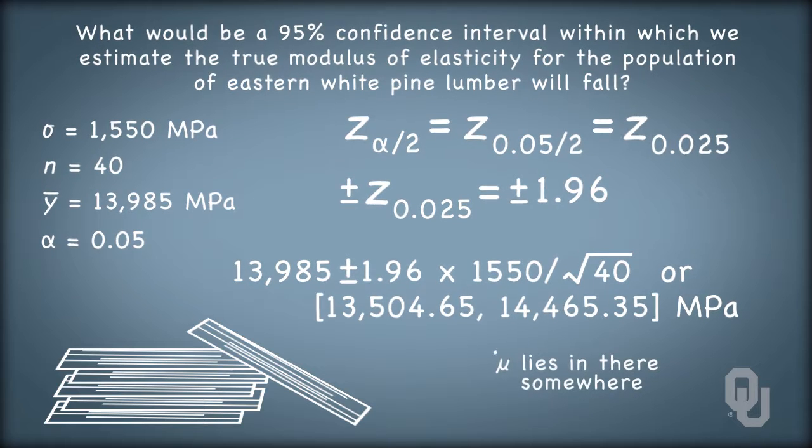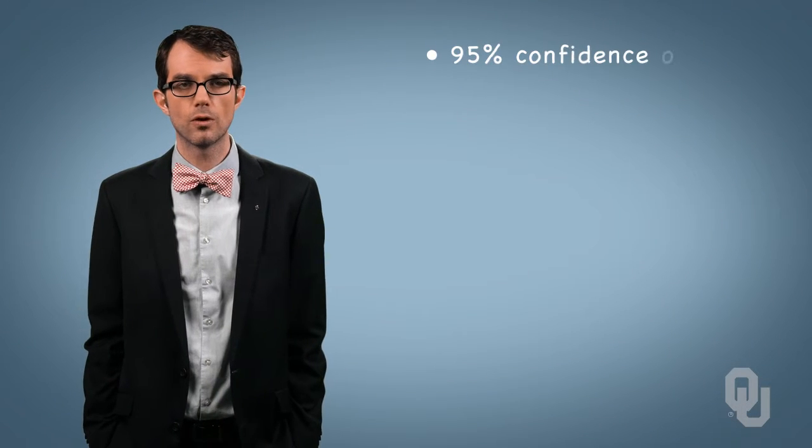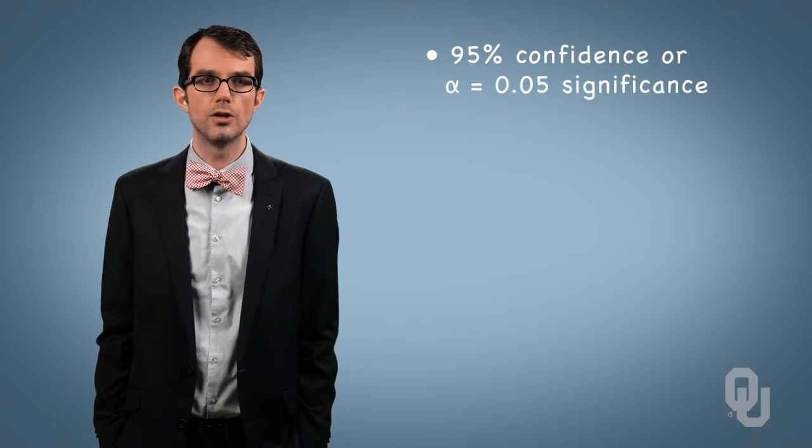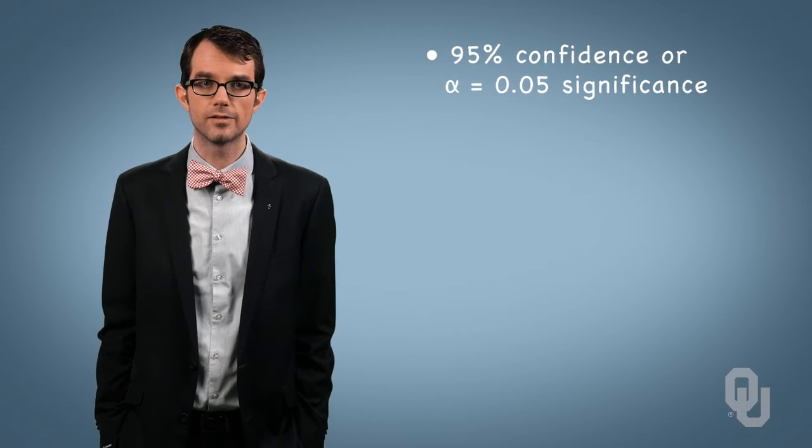That is, based on our sample of 40 pieces of lumber, we are 95% confident that the true modulus of elasticity for eastern white pine lumber falls between 13,504.65 and 14,465.35 megapascals. To have 95% confidence, or alpha of 0.05 significance, the value of z we use is 1.96.